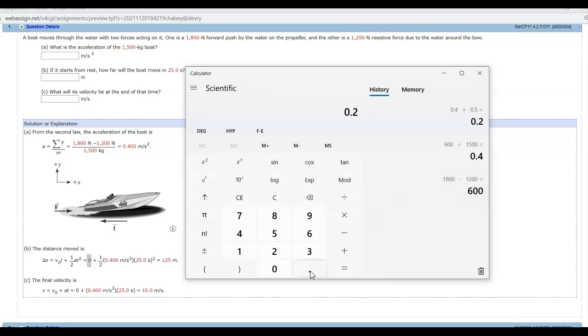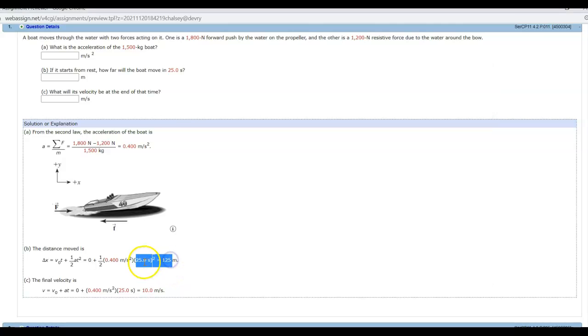And then I'm going to multiply it by my time, but I have to square my time, and then hit enter. Okay, so it went 125 meters. I do have 3 significant figures in my problem here, so I would limit my answer to 3 significant figures.